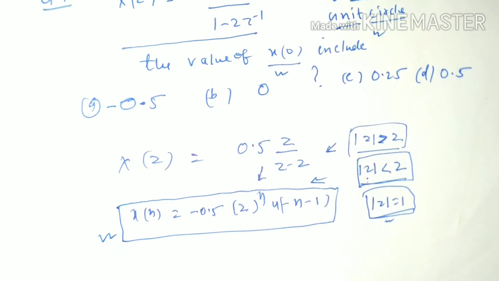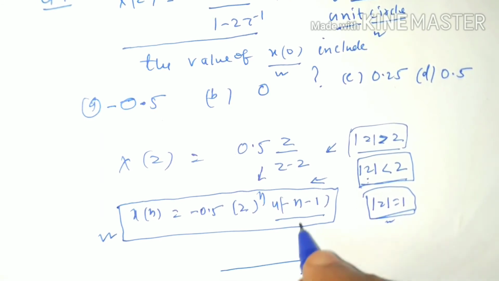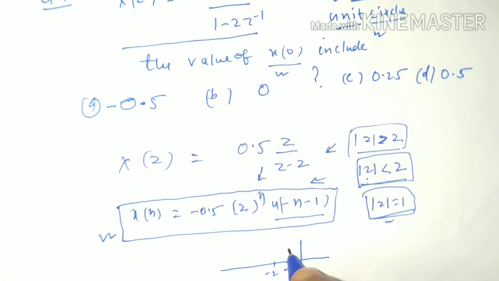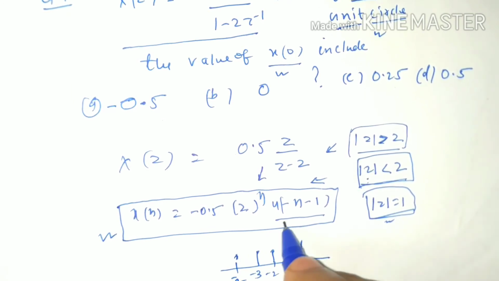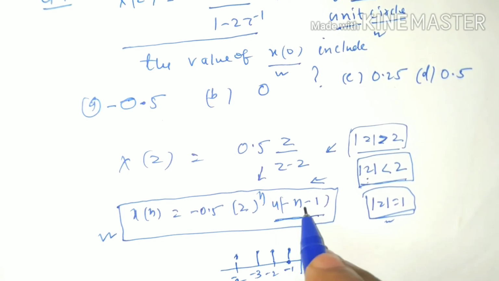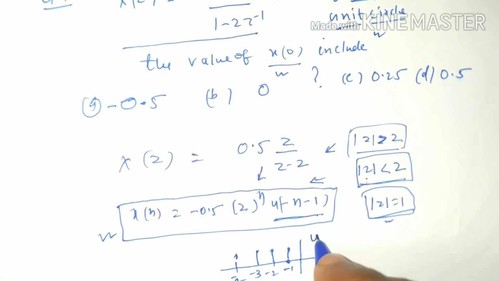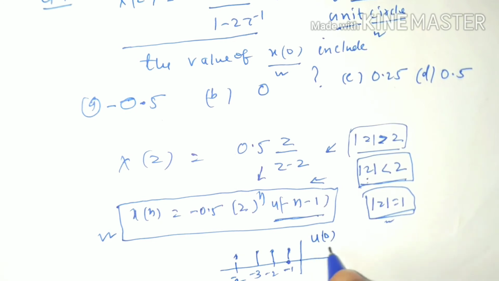So we have to find the value of x0. What will be the value of x0? Here we know that its graph will start from the value of -1, -2, -3, -4, and here the value of the signal u of minus n minus 1 at 0, that is u0 according to this signal, will be 0.